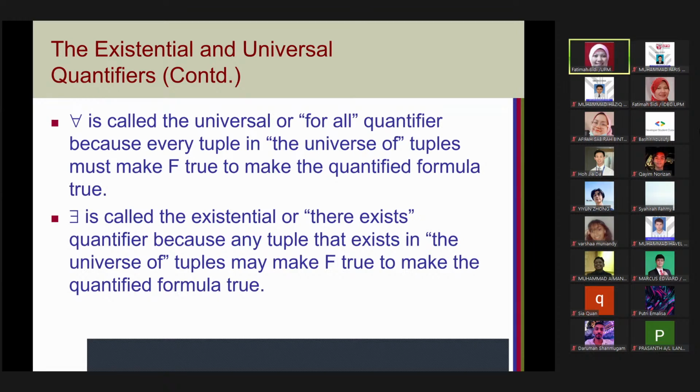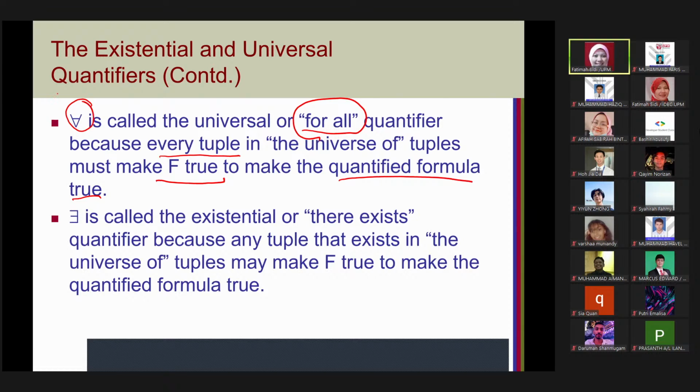Let us look at the example of how to use the universal and also the existential quantifier. For the universal quantifier, that is for all, every tuple in the universe of tuples must make the formula F true to make the quantified formula true. So if you want for all, you need to use the universal quantifier.